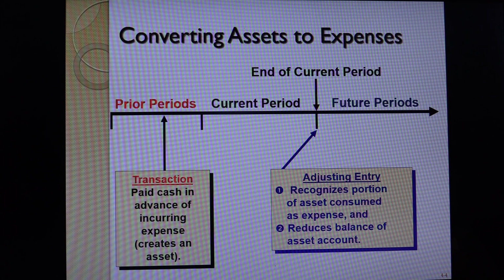You're going to book that as prepaid rent at the end of 2015, and then in 2016, every month that you utilize rent, you're going to reduce your asset, prepaid rent, by whatever the monthly rent expense is, and then you're going to increase rental expense every month.